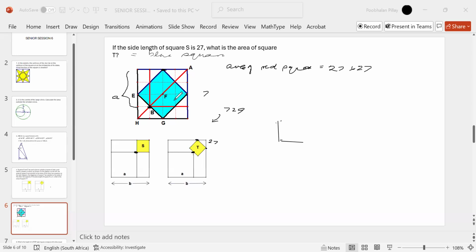The side of this red square. Okay, area of red square is that. Let me see what it is. It's actually equal to A squared.